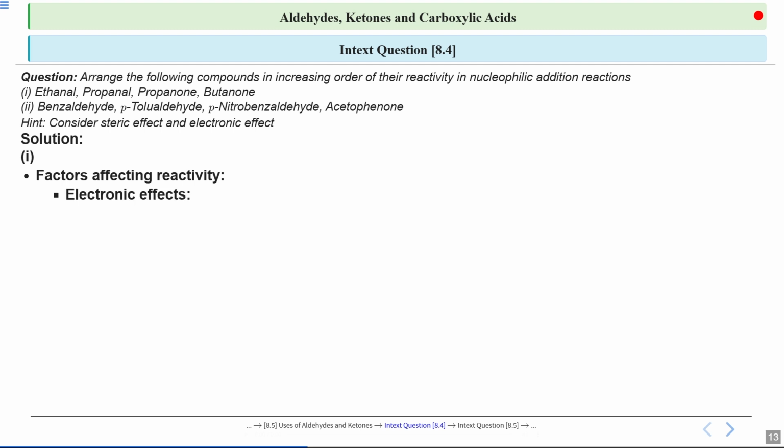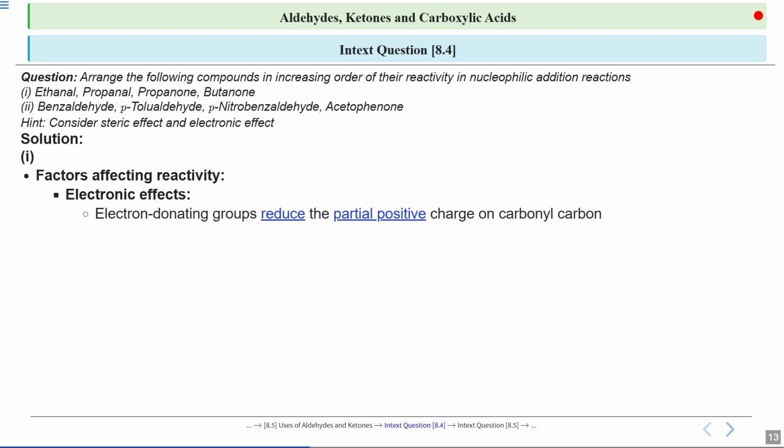First factor is electronic effects. Now, an electron donating group decreases the electrophilicity of the carbonyl carbon by reducing its partial positive charge. Now, we know that the carbonyl carbon is more electrophilic. Why? Because oxygen, being more electronegative, withdraws the electron density, which leaves the carbon electrophilic.